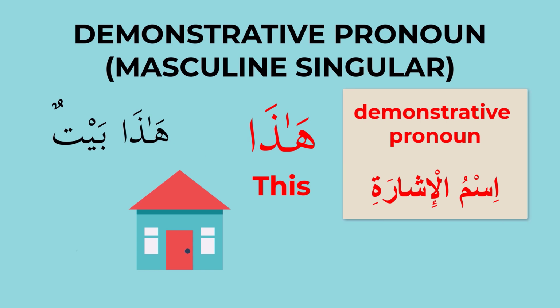What is the first? Hada baytun. What is it? Hada baytun. Now, normally, when you speak, you do not say baytun, you say hada bayt. Just like in Quran, when you stop, you give a sukoon.